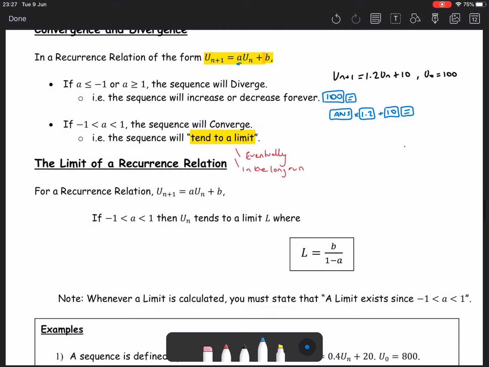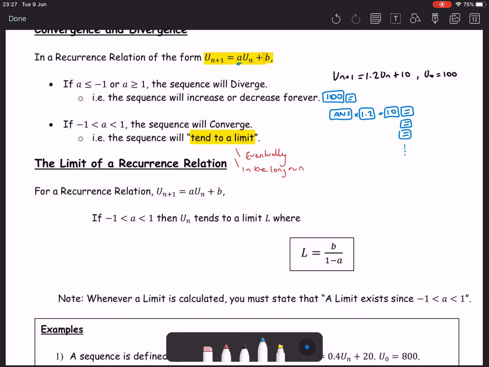If I continue to press equals, I'm getting a larger value every time, and it's jumping up bigger and bigger. I can see from going through a number of examples that it will never tend to a limit. I'll never get to a final point where it will stay the same value.